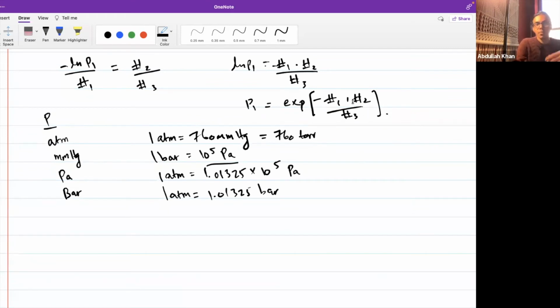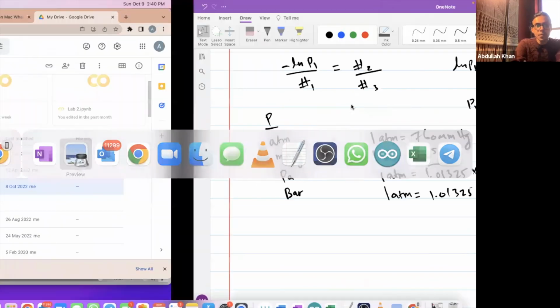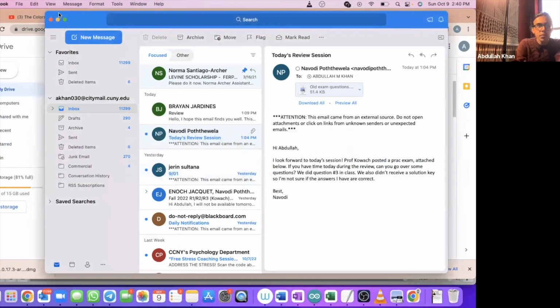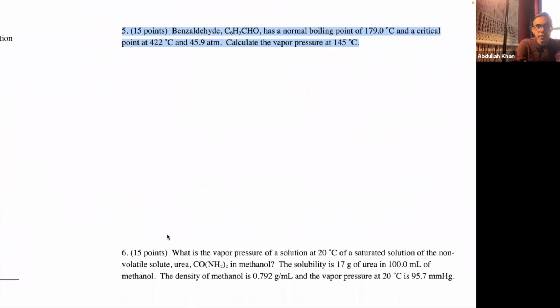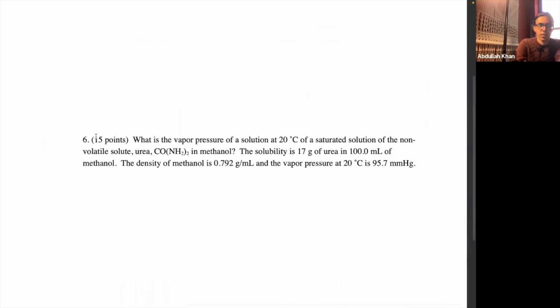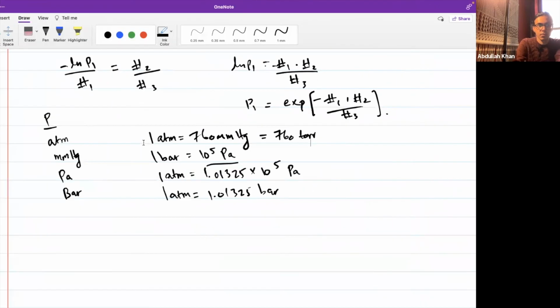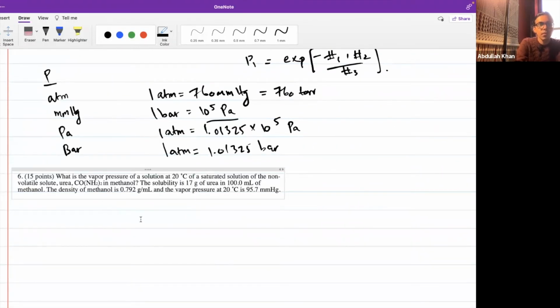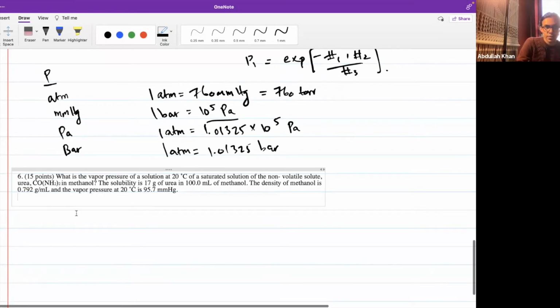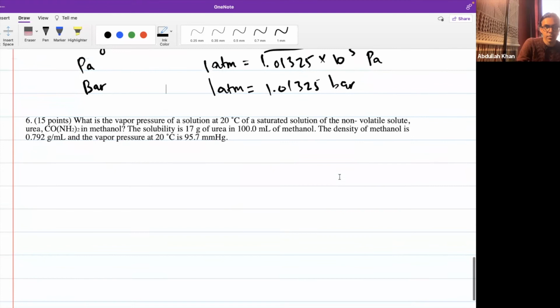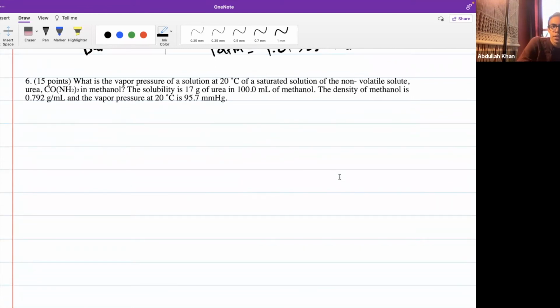Awesome. Moving along. Okay, number 6. It's the vapor pressure of a solution at 20 degrees of a saturated solution of the non-volatile solute, blah, blah, blah.